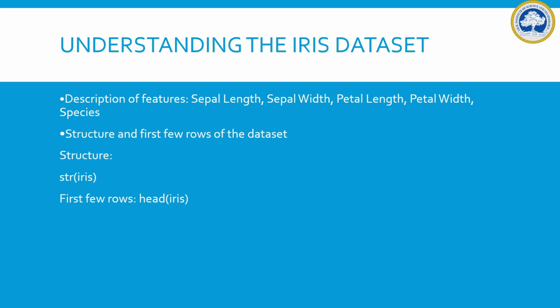As we already discussed, if you want to understand the data structure or data format in the dataset, you can use two R commands. One is str followed by the dataset name. Here we are interested in the structure of the iris flower dataset, so we type str(iris).